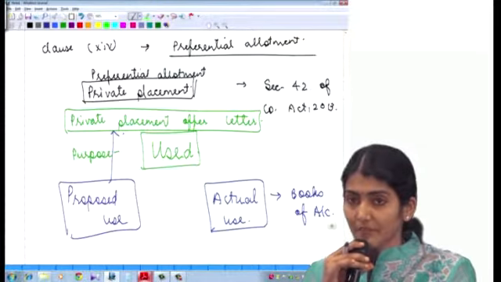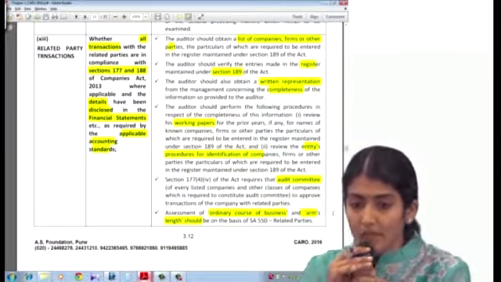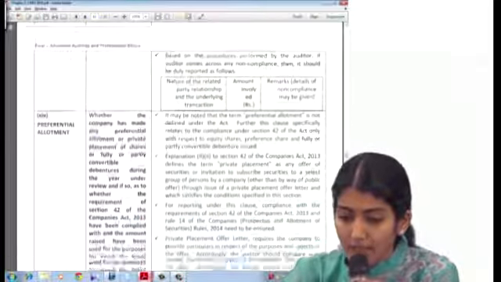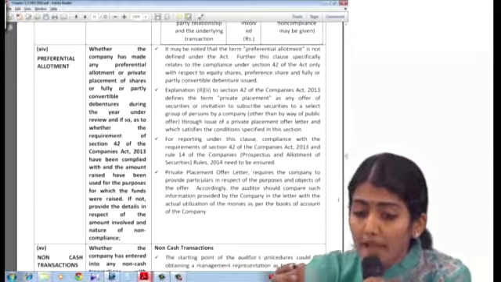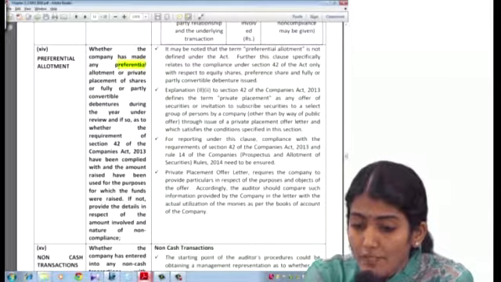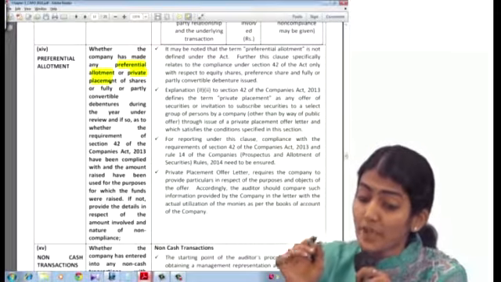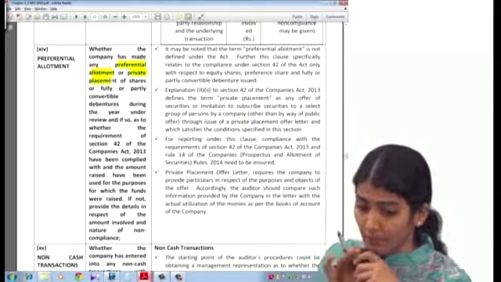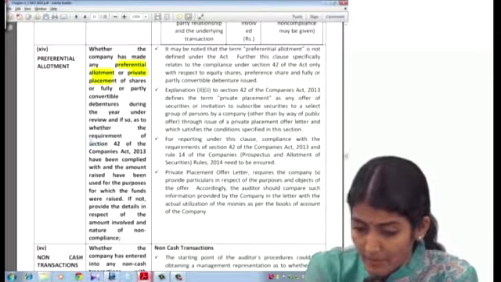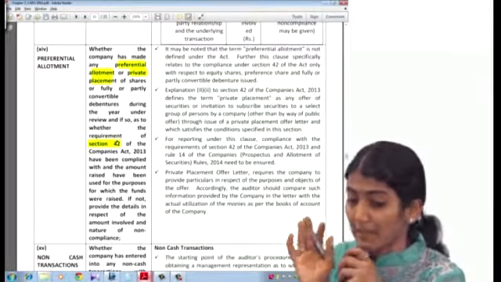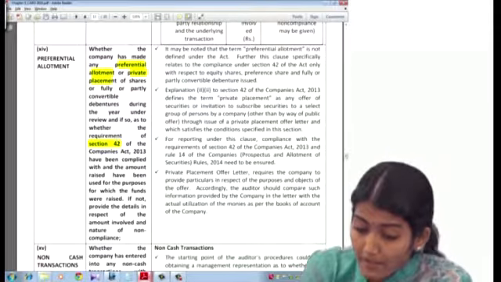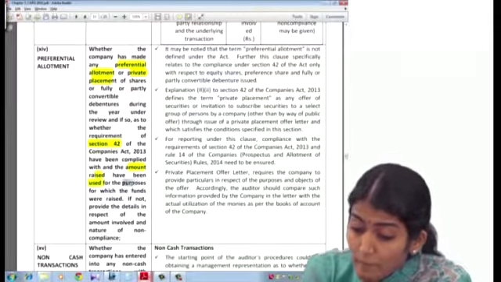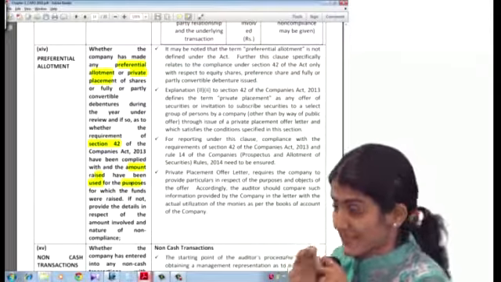Right, written everyone? Yes. So what does it say? Clause 14. Whether the company has made any preferential allotment or any private placement of shares or fully or partly convertible debentures during the year under review. If so, whether the requirements of section 42 have been complied with and the amount raised has been used for the purpose for which it has been raised.